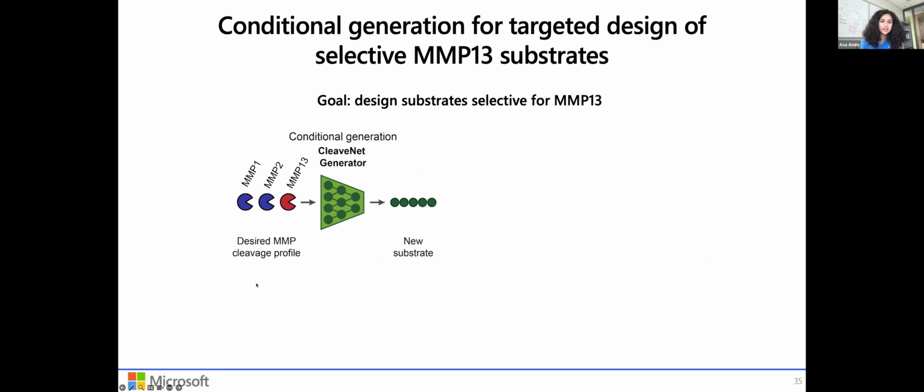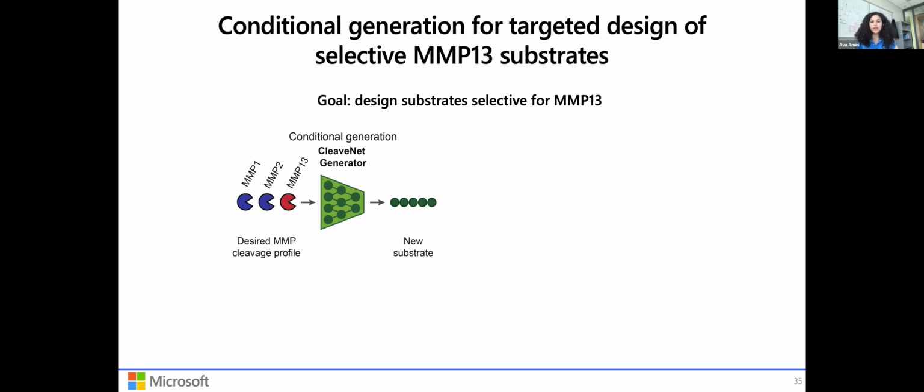And so we deployed this principle, again, using MMP13 as an enzyme test case, but now saying, okay, can we achieve the targeted design of substrates that will actually be highly selective for MMP13?